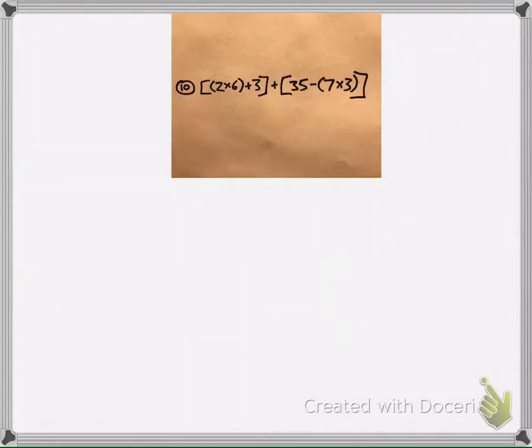All right, last question. This is a doozy. What we see here is we have 2 sets of brackets. Now, take a deep breath and start with the one on the left. I've got the 2 times 6 as a parenthesis inside my first bracket. We're going to take a look at this one first.